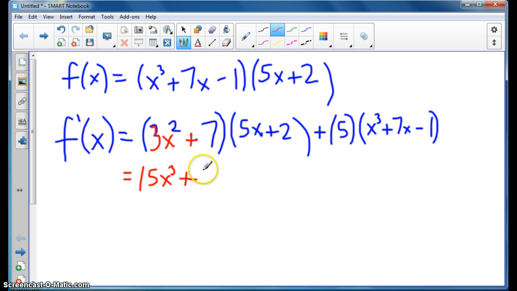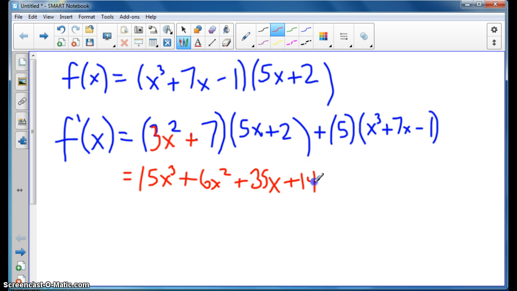So 3x squared times 2 is 6x squared. 7 times 5x is 35x. And 7 times 2 is 14.